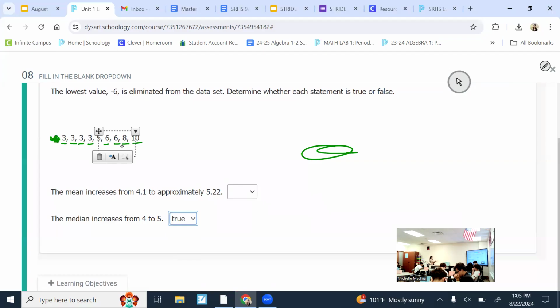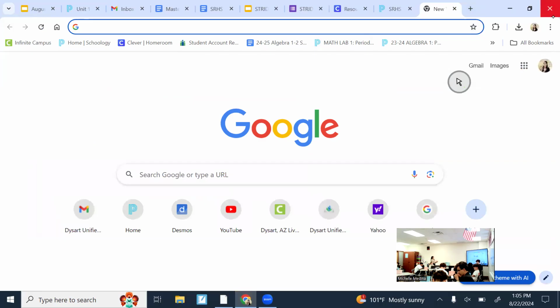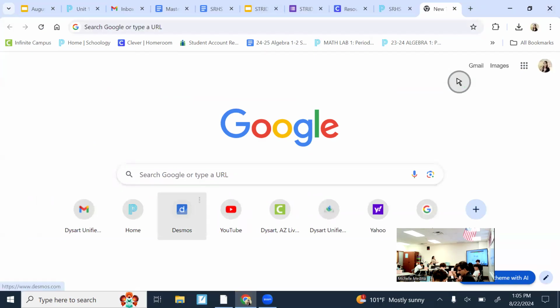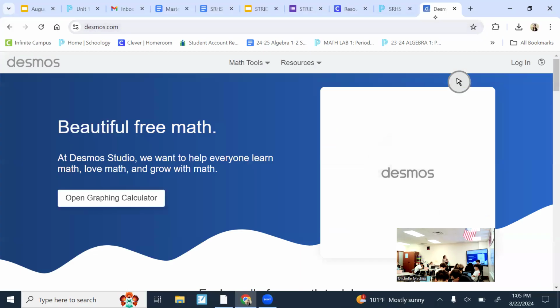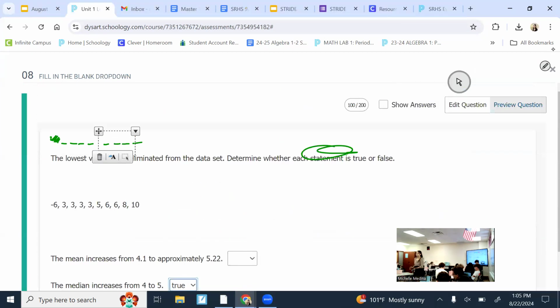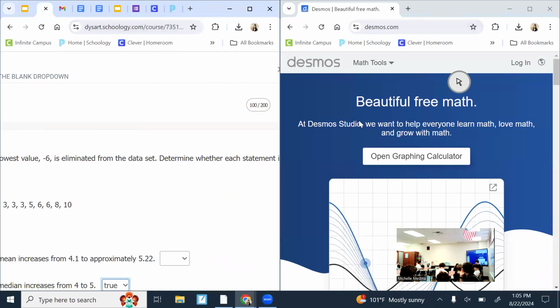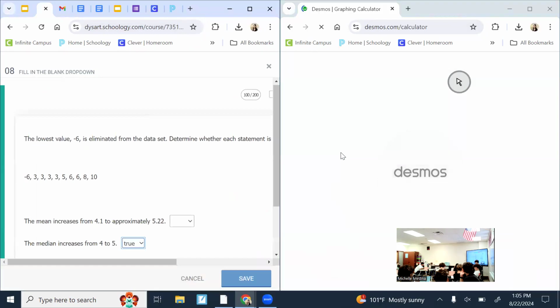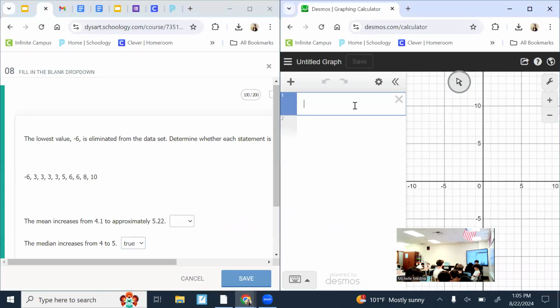The other one, I'd probably just have to check with my calculator, so that's what I'm gonna do. Okay, so I'm just gonna see what the mean was before real quick.